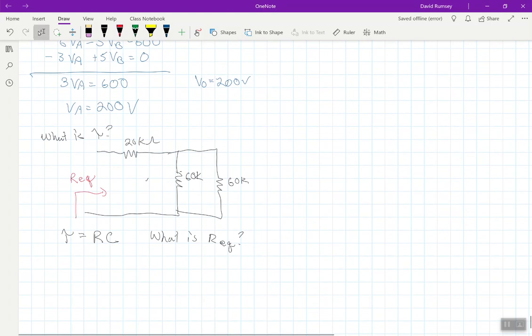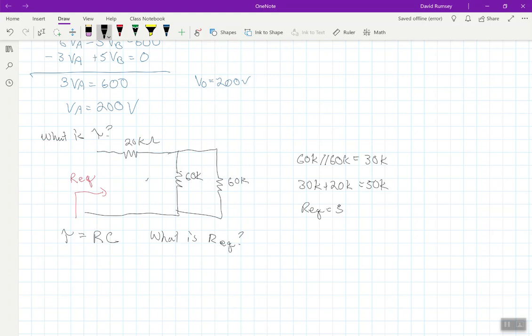It turns out that this is an easy one. I did this on purpose. This is just 60K in parallel with 60K. Since they're the exact same value, that just divides by 2. So we get 30K, and then we have 30K plus 20K because they're in series, which gets me 50K. So my R equivalent is simply 50 kilo ohms.